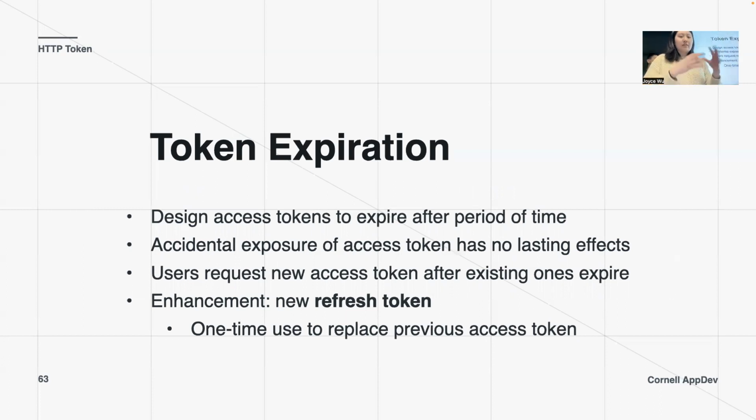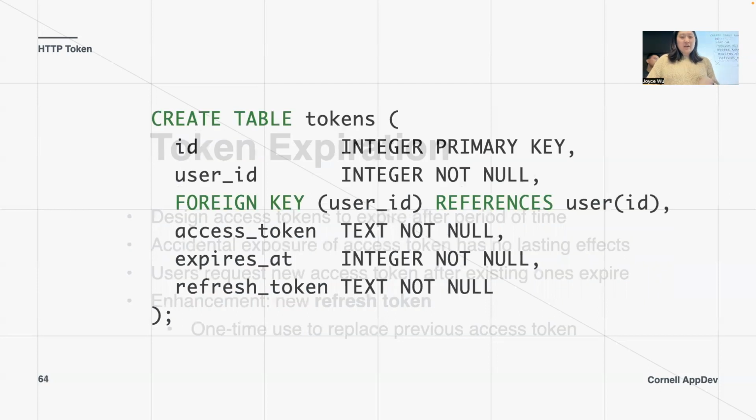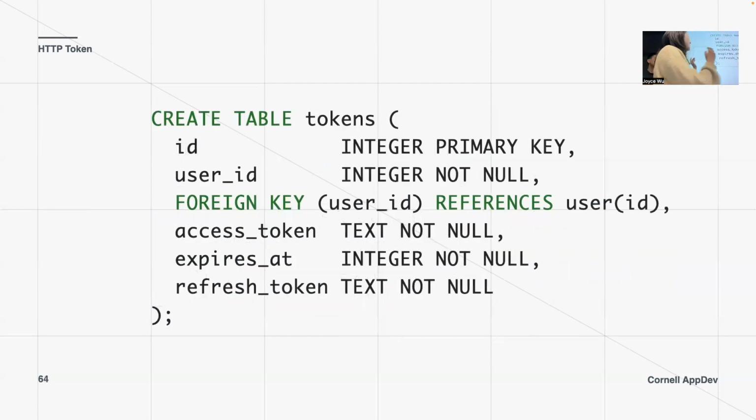And this is a one-time use to replace the previous access token. So you'll see in a second how you would use this refresh token. But basically, this is how the token database schema is created. Each token has a unique ID, just like any other table, and each token is associated with a user.